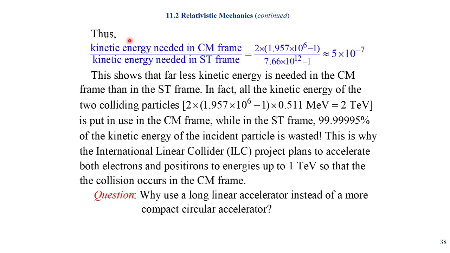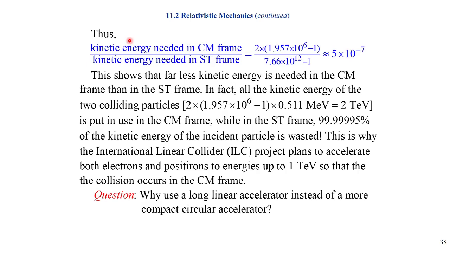Therefore, if we use colliders that collide head-on, we need a much lower energy. This shows that far less kinetic energy is needed in the center of mass frame than in the stationary target frame.